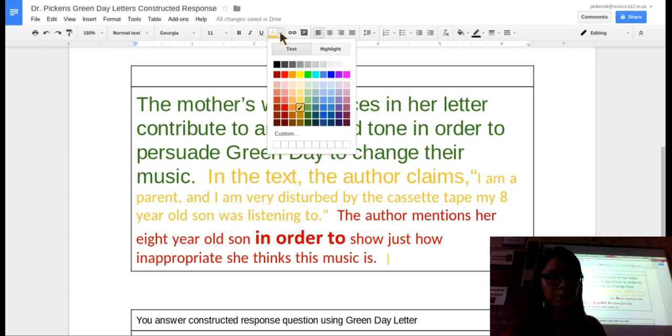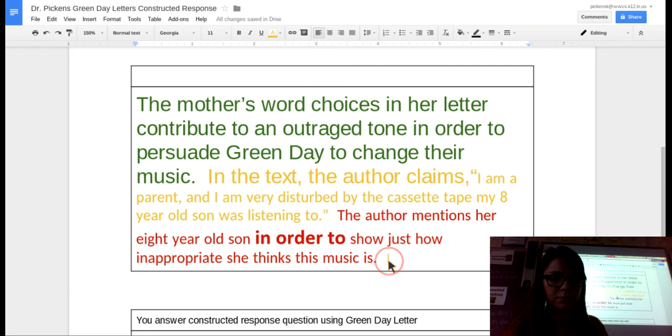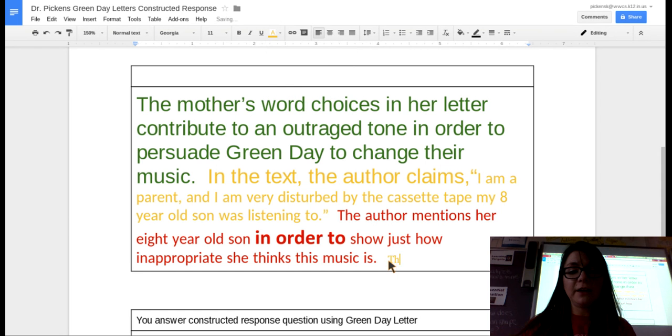Okay. And then I'm going to put the author also, I'm going to change the font in a second.